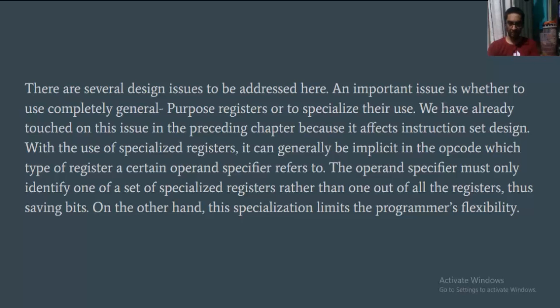With the use of specialized registers, it can generally be implicit in the opcode which type of register a certain operand's specifier refers to. The operand specifier must only identify one of a set of specialized registers rather than one out of all the registers, thus saving bits. On the other hand, this specialization limits the programmer's flexibility.